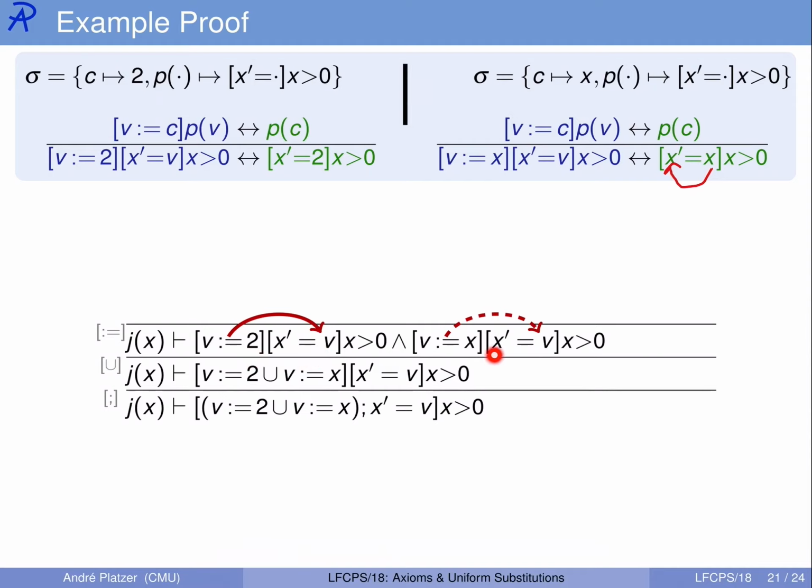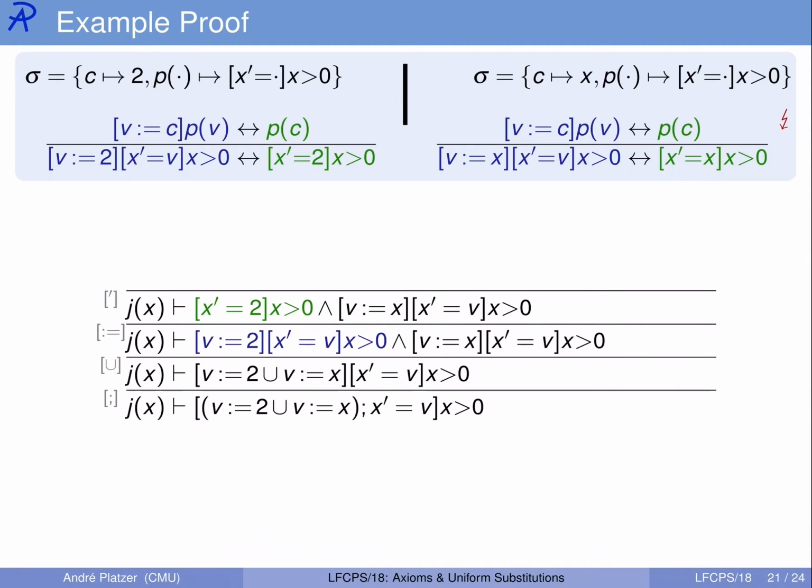This also ought to be a constant differential equation, follow x prime equals whatever value x had initially that we stored in v, but this one would be the exponential behavior coming from the linear differential equation x prime equals x, which is completely different. Fortunately, of course, uniform substitution says that side wouldn't be okay, so it doesn't do this, and only the left side will be rewritten by assignment, whereas the right hand side, of course, will stay put as it was.